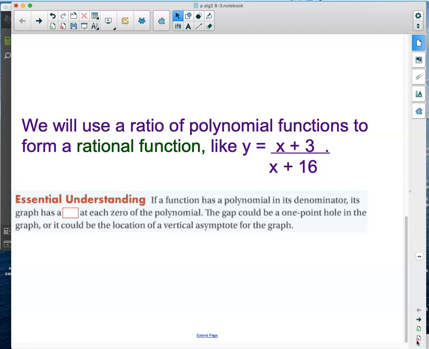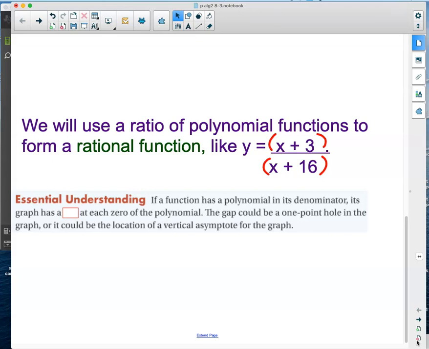Now, if I'm going to put this into a calculator, I have to use parentheses for both the numerator and the denominator because there's more than one term in the numerator and there's more than one term in the denominator. And we'll get to the part where we're plugging stuff in with the calculator, but that'll be tomorrow.